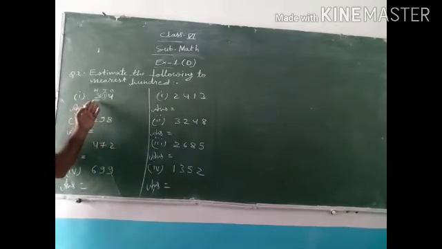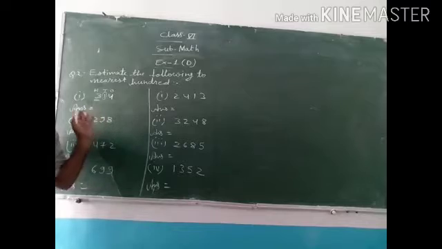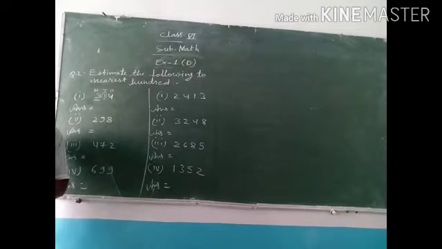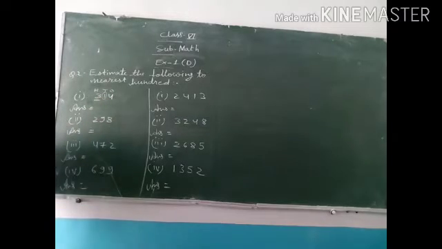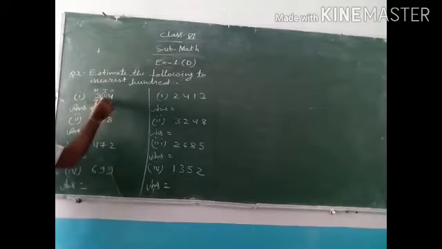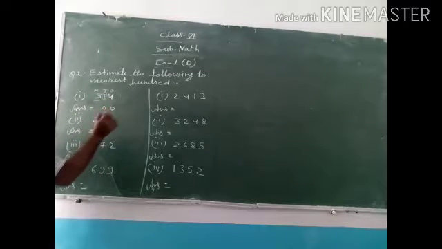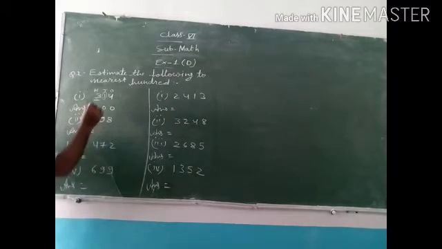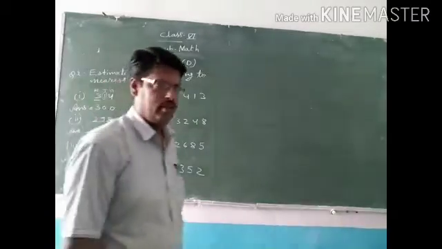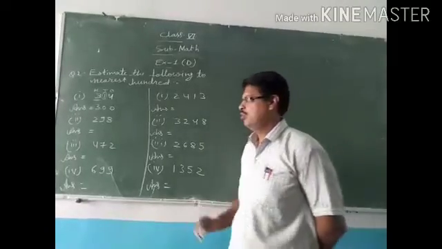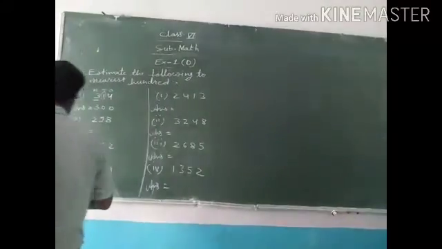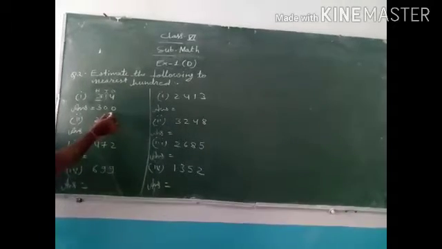Now here we have to round off the 100 place, so we will observe the tens place digit. At tens place digit what is there? 1, meaning less than 5, 5 से छोटा है, तो ये आगे के दोनों डिजिट क्या हो जाएंगे? 0. And this 3 will come the same as it is. Understood? So this way you can do rounding off to nearest 100.